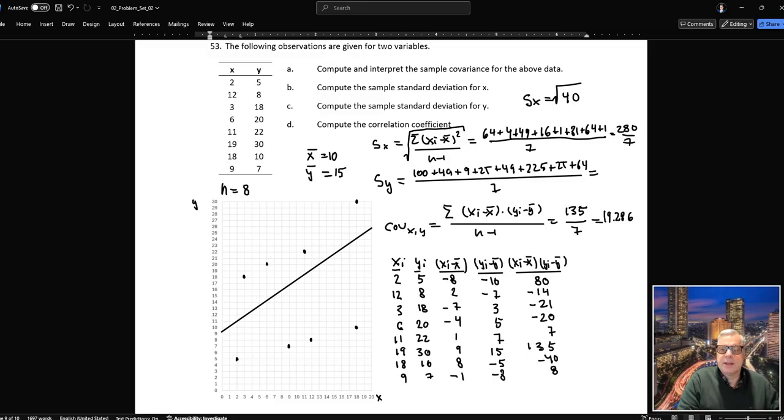Okay, so let's calculate this one here. So 100 plus 49 plus 9 plus 25 plus 49 plus 225 plus 25 plus 64 equals 546.